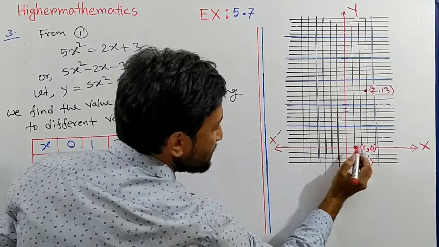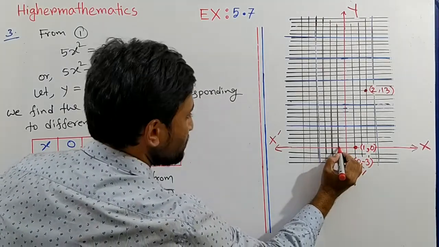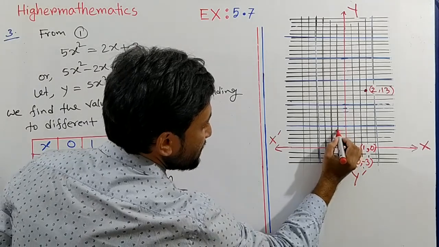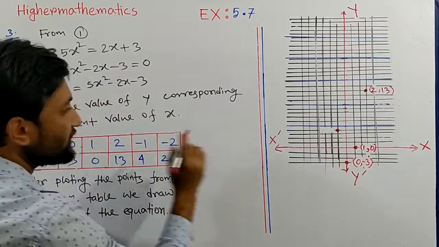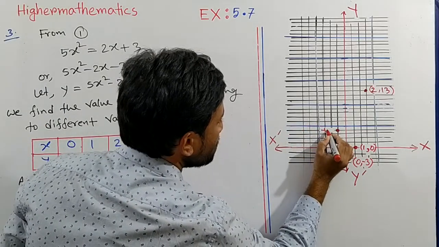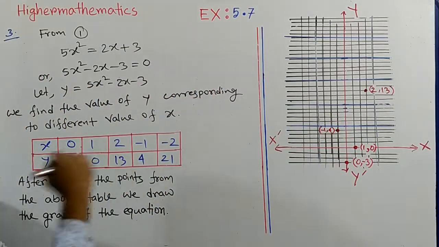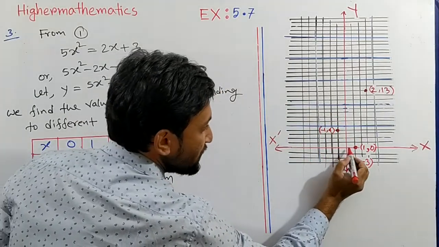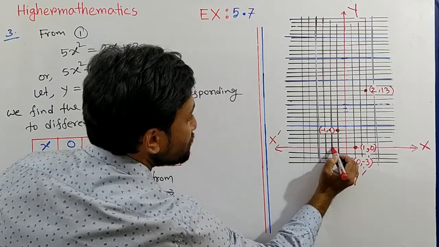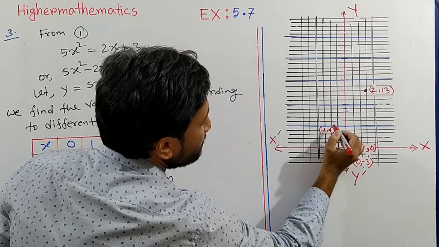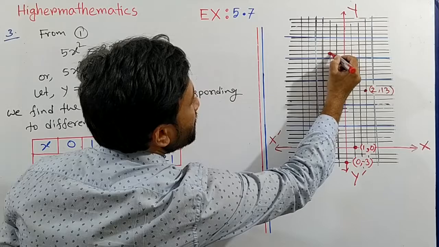Minus 1 is on the left-hand side of the x-axis, and the positive value 4 is on the upper part, so mark this point (−1, 4). Then the last one, (−2, 21). Minus 2 is on the left part of the x-axis, and then 21: 5, 10, 15, 20 and this is 21.